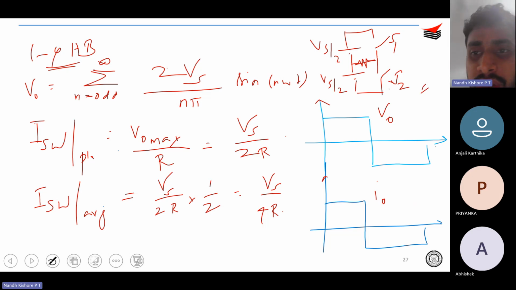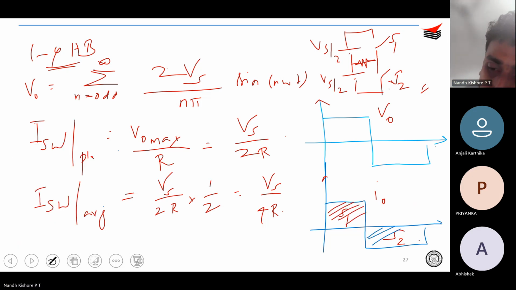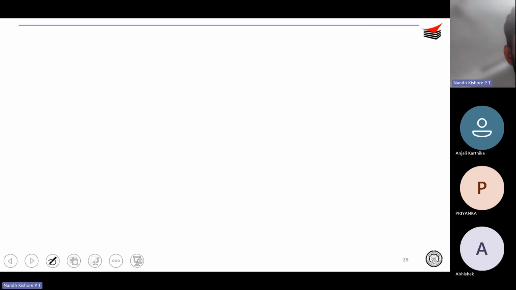You can understand that S1 will conduct over here and S2 will conduct over here. So S1 is on for T by 2 out of T. That is why I have multiplied by 1 by 2 for average current. Okay, fine. And then we will go to the single phase.